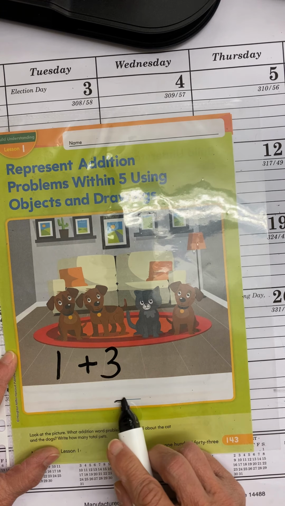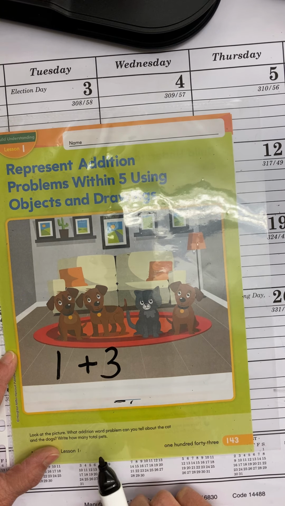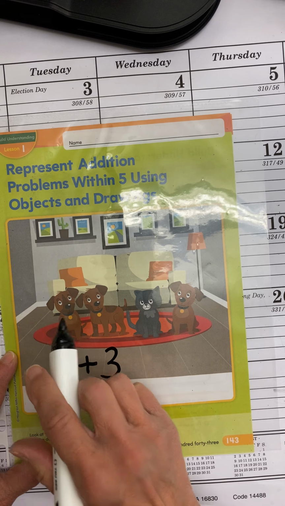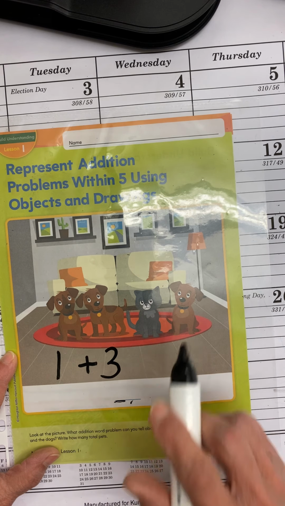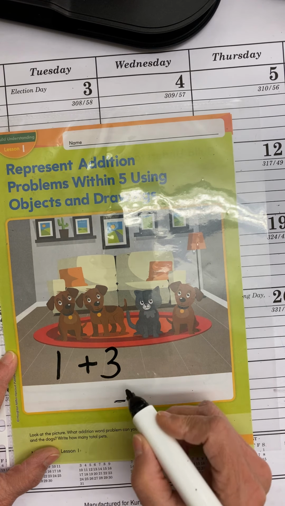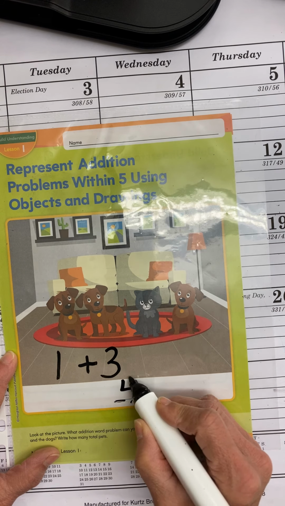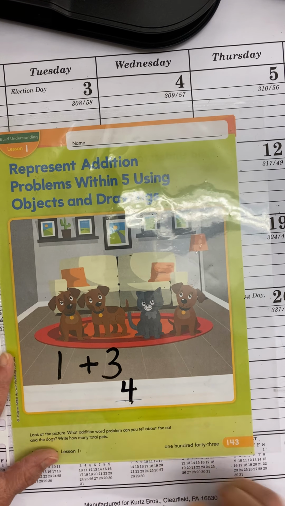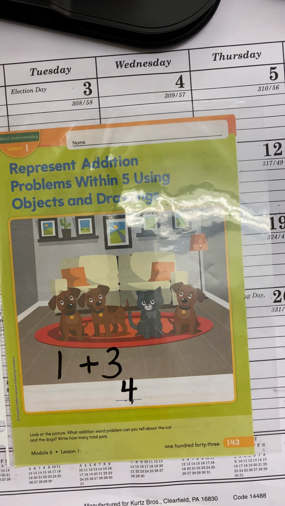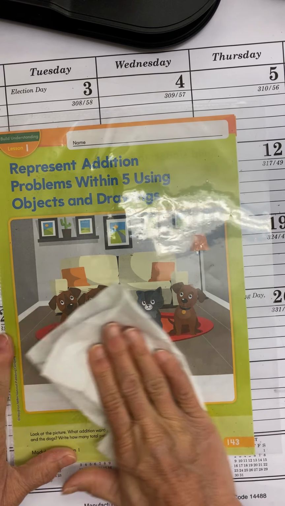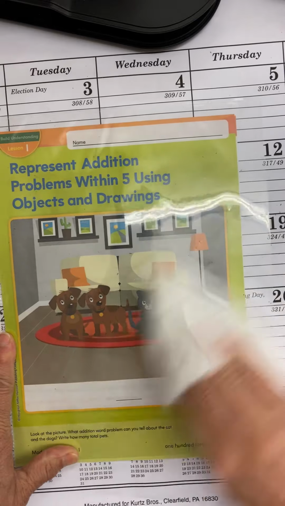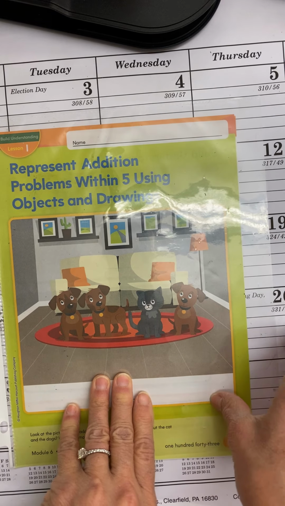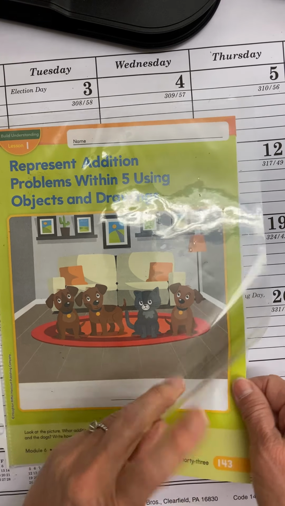We have to write that on this blue line down here. So 1 plus 3 equals 4. Good job, boys and girls. Excellent. Now let's take a look at the next side. So let's go ahead and erase that and turn our paper over.